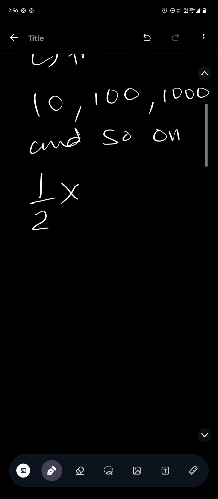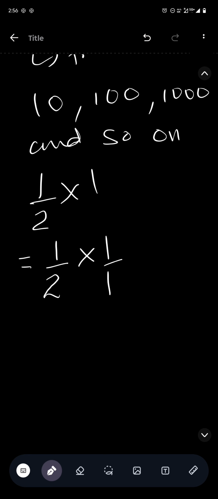So we'll try finding the value of half into 1 firstly. Now to do this, we'll try to find the equivalent fraction of half by multiplying the numerator and denominator by 5.